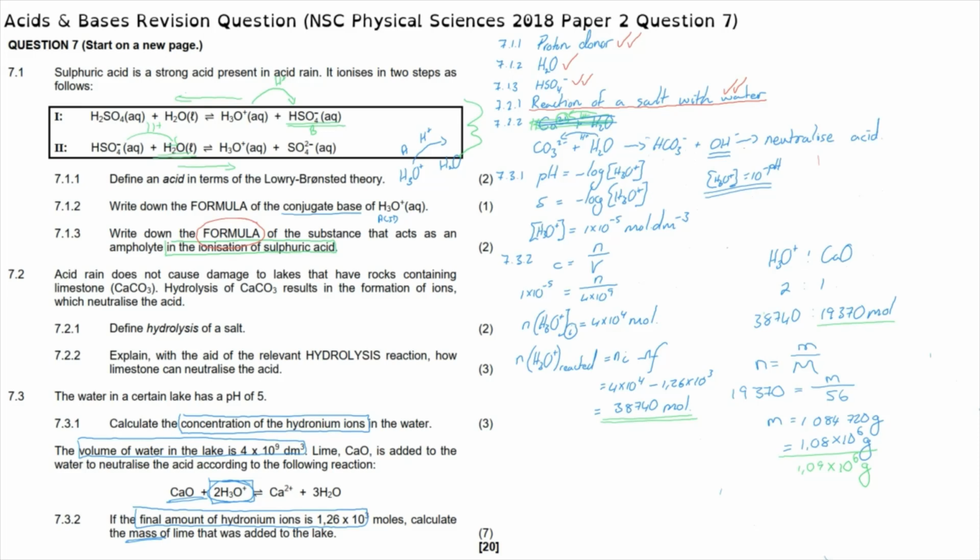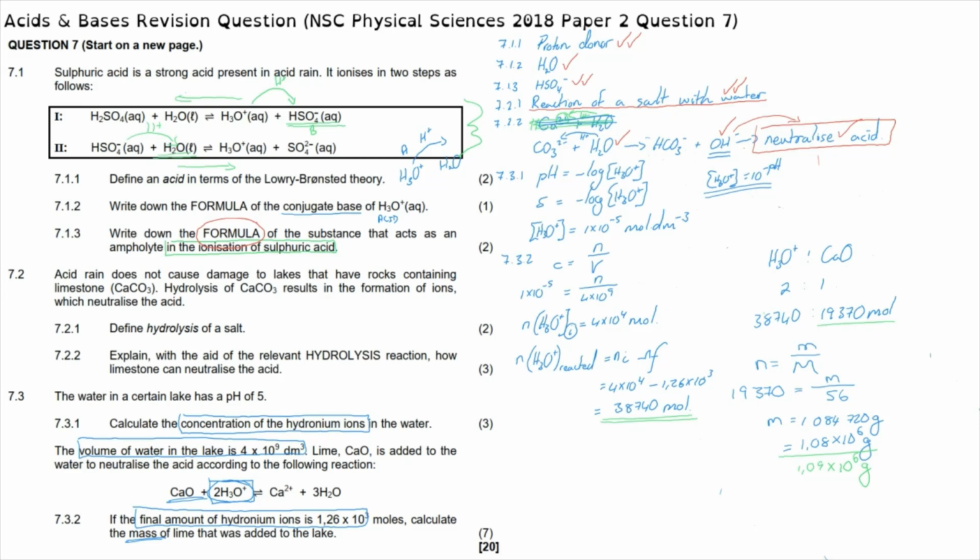Question 7.2.2, explain with the aid of the relevant hydrolysis reaction how the limestone can neutralize the acid. There were 2 marks allocated for the correct reaction, showing the reaction between water and carbonate, and then 1 mark for the explanation showing that you understand that since there is hydroxide present, that would neutralize with the acid.